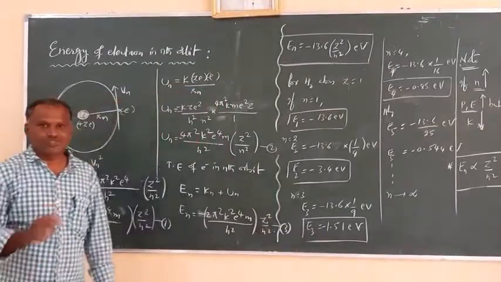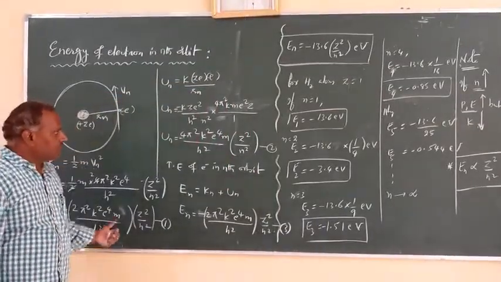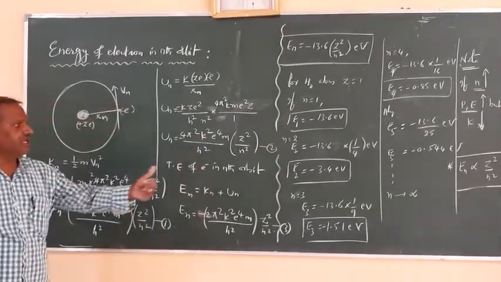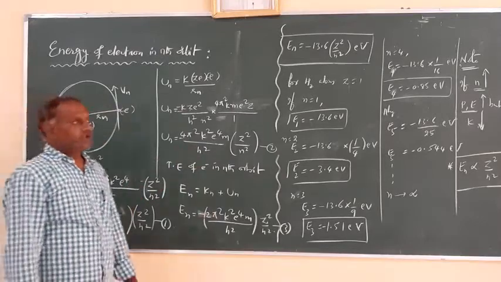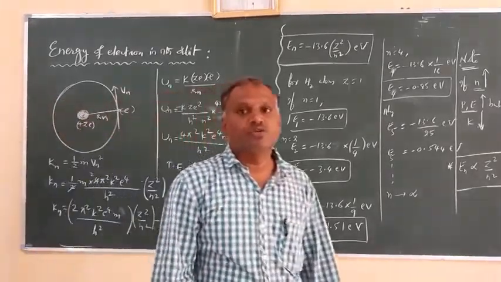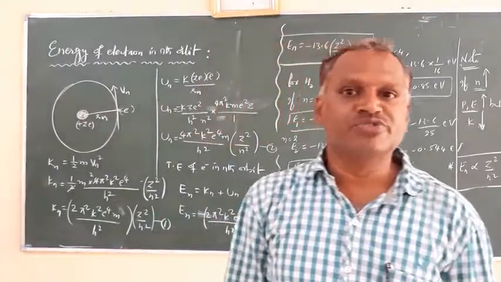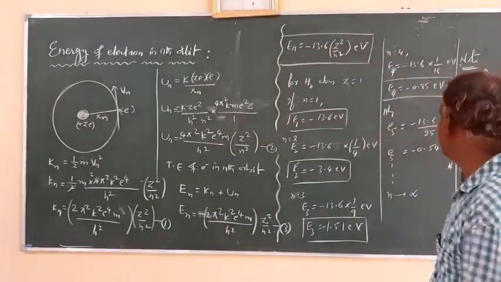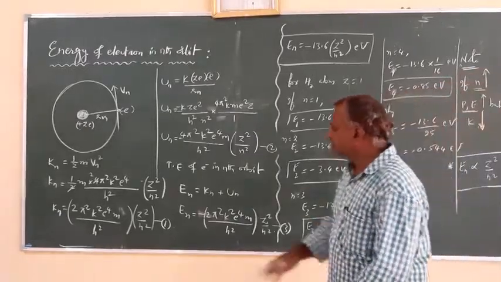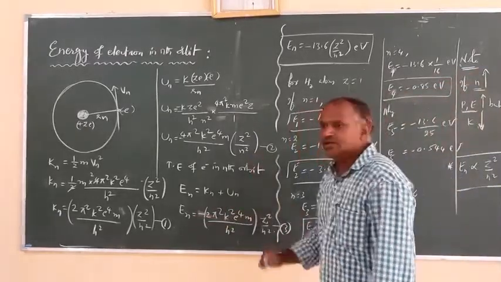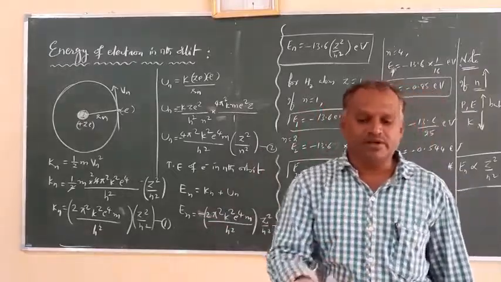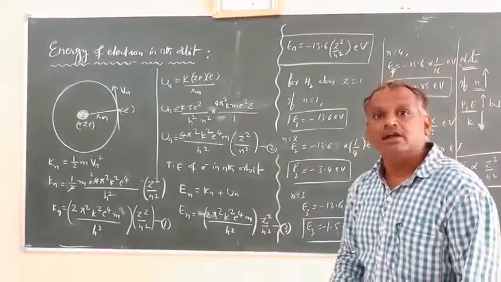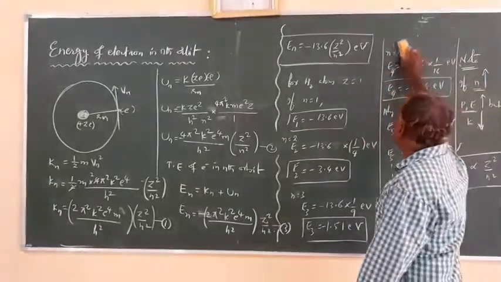If you notice the equations for kinetic energy, potential energy and total energy, how are they related? What is the ratio of potential energy, kinetic energy and total energy? Comparing equations 1, 2 and 3, you can get the ratio of kinetic energy, potential energy and total energy of electrons in that particular orbit.